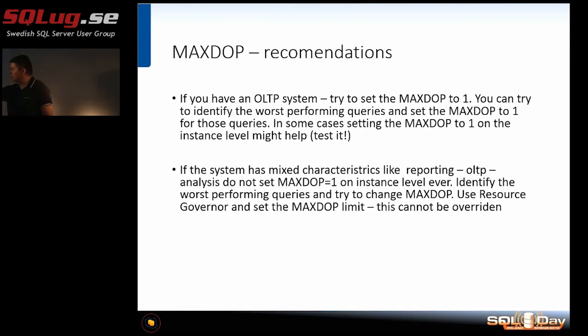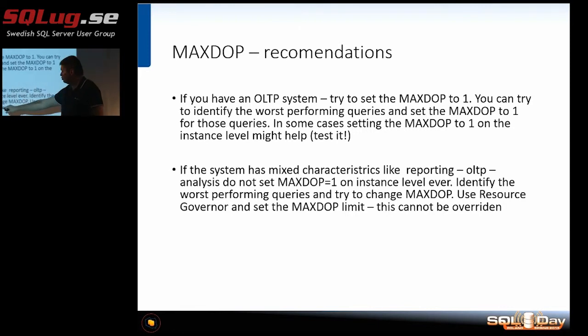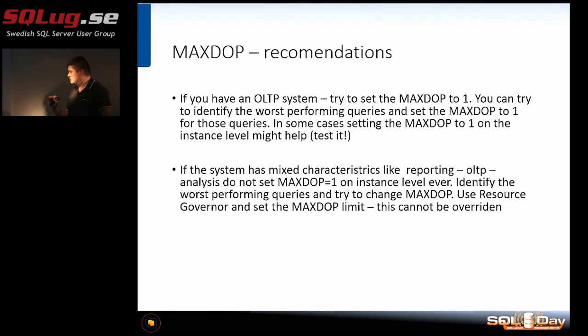If you set max DOP to 1 on the instance level, your server will be really, really slow. Please identify the queries, and if you have Resource Governor, you can set the max DOP limit on a particular resource pool, and these settings cannot be overridden anywhere. So this is the last moment when you can set the max DOP.